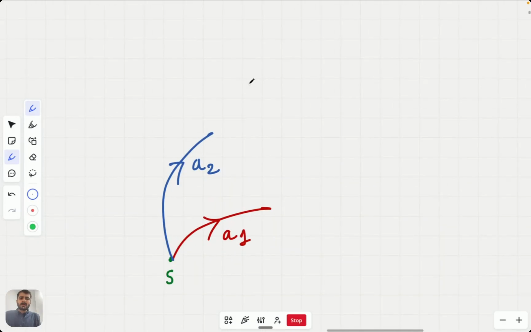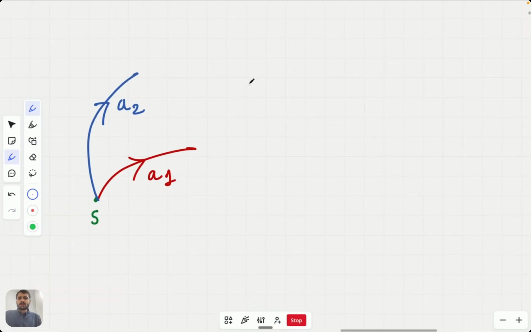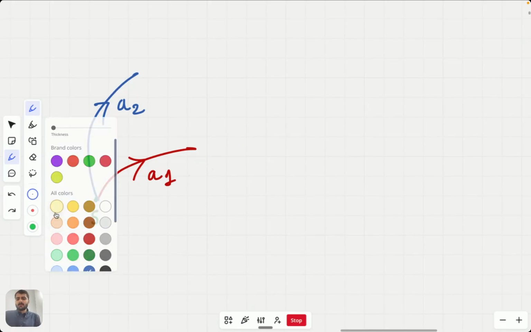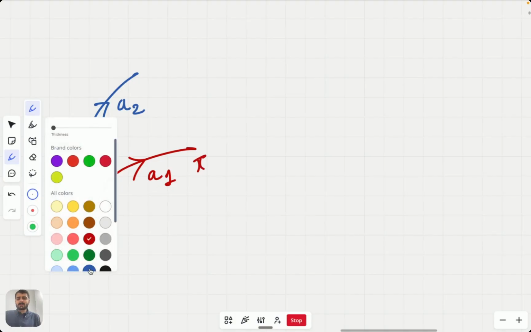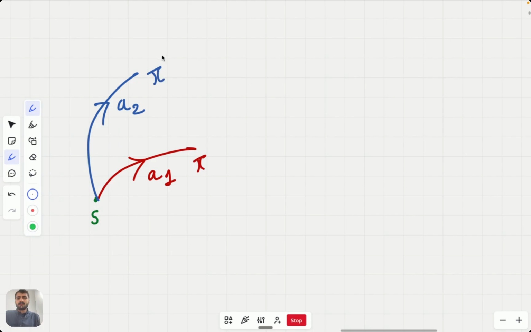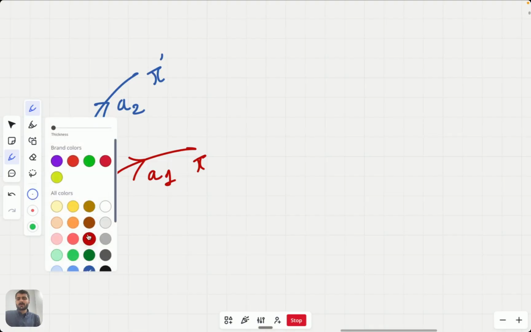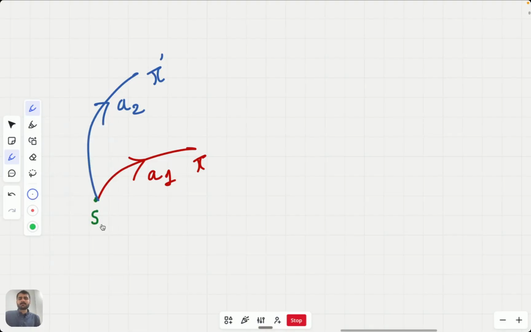So this is policy pi and this is policy pi dash. Can we write down the performance of the policy pi dash in terms of the performance of the policy pi?